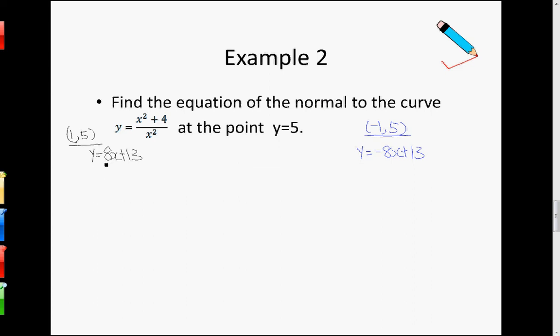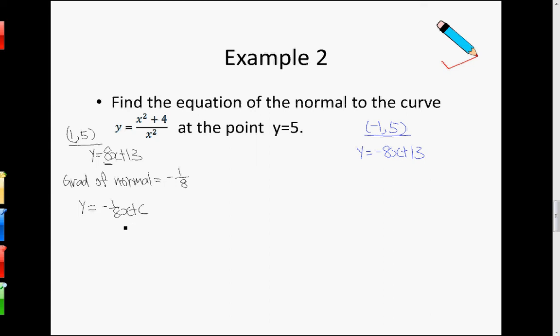I realize that this is the gradient of the tangent, so the gradient of the normal would just be negative 1 over 8 in this case. So I have y equals negative 1 over 8 x plus c, where c would be different.